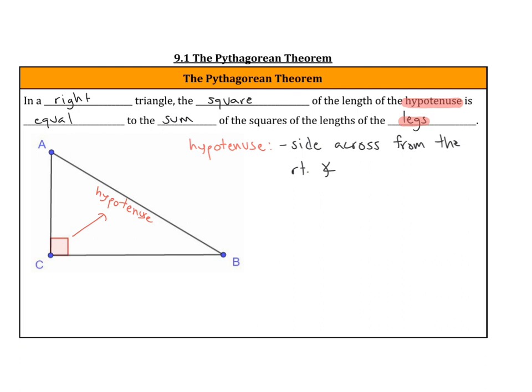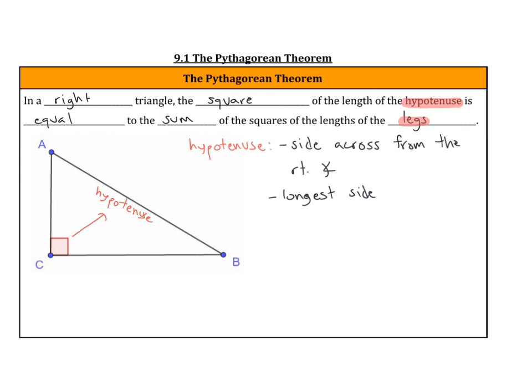The second thing that I need to note about the hypotenuse is the fact that it is the longest side in a right triangle. This has to do with the fact that it is across from the largest angle. Because again, in a right triangle, I cannot have two angles that are 90 degrees.